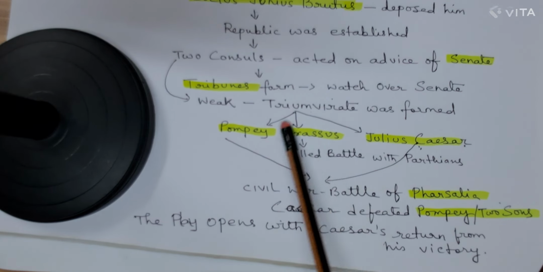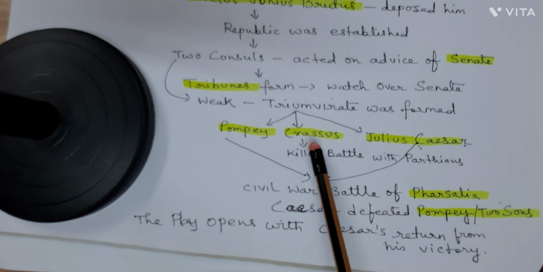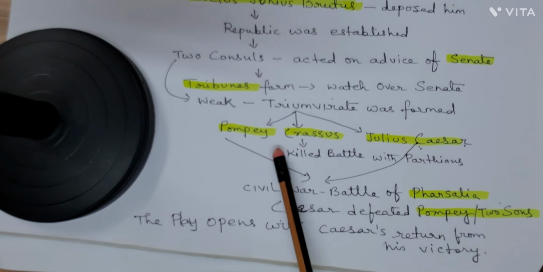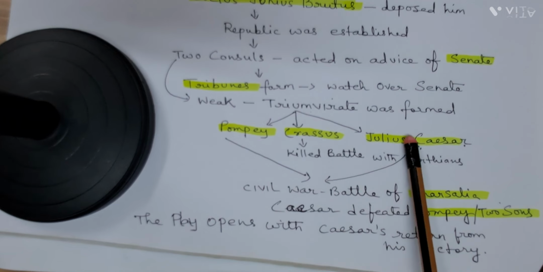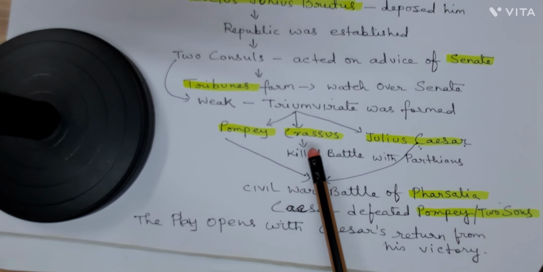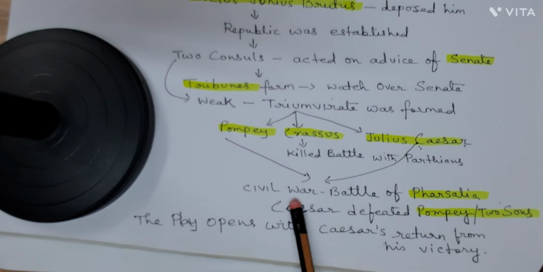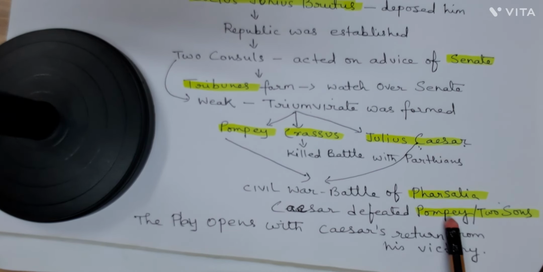As it remained undecided, a civil war broke out between Pompey and Caesar to capture the provinces ruled by Crassus, who is now dead. This civil war was fought at Pharsalia. It is known as the Battle of Pharsalia, where Caesar defeated Pompey and his two sons.